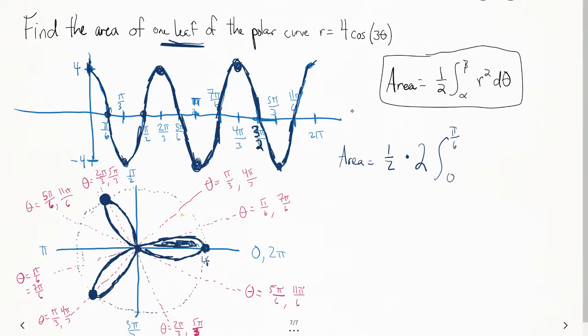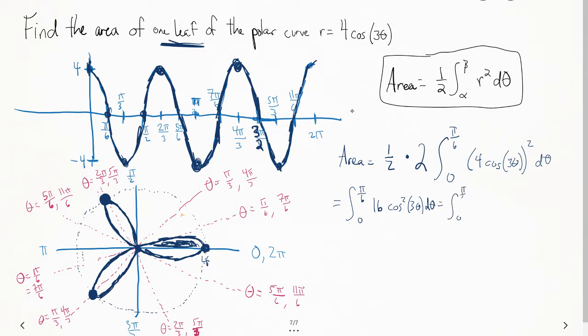And then we want to do r squared d theta. So this would be 4 cosine of 3 theta, and we want to square that thing, d theta. Now we have a trig integral, right? And notice the 1/2 and 2 go away. So you get 0 to pi over 6, and then we have 16 cosine squared 3 theta d theta, which you can change using the trig integral properties.